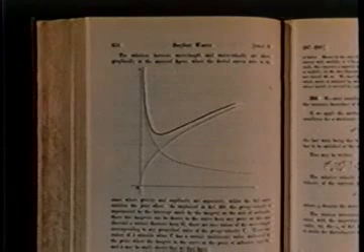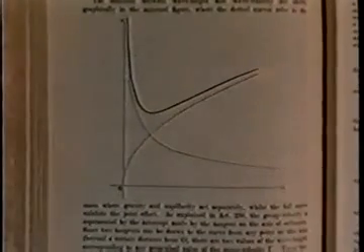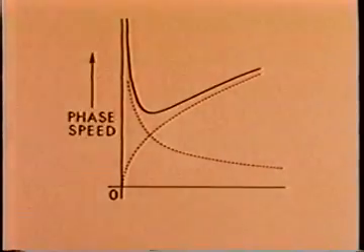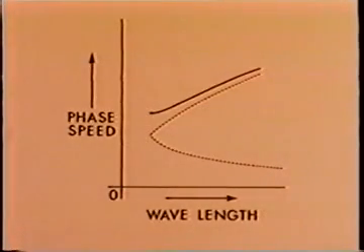As we know, waves of different wavelengths move at different phase speeds. A plot of phase speed against wavelength shows that for wavelengths beyond the very shortest waves, which are dominated by surface tension, the longer the wave, the higher its phase speed.